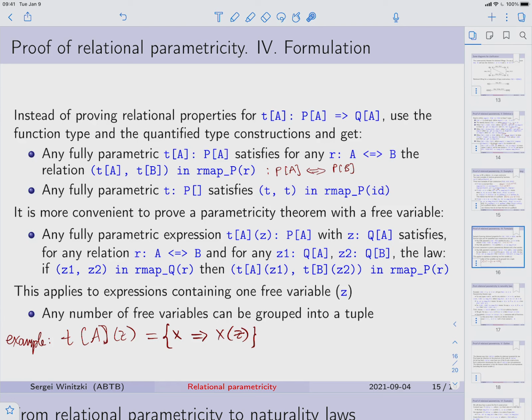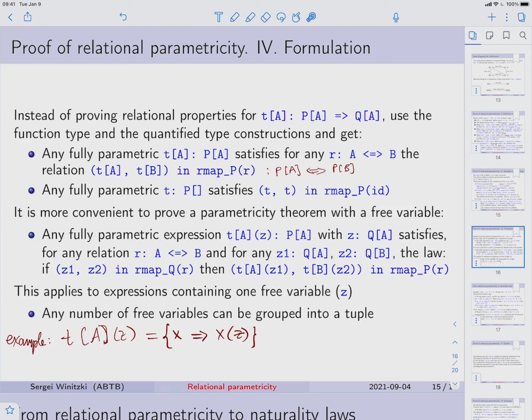So for any free variable of some type Q of A, so the type of the free variable could also depend on this type parameter A, for any relation between A and B, and for any two values of this free variable, which are of types Q of A and Q of B, and they are related by this lifted relation, then the results of this expression applied to these free variables must be in the relation here.